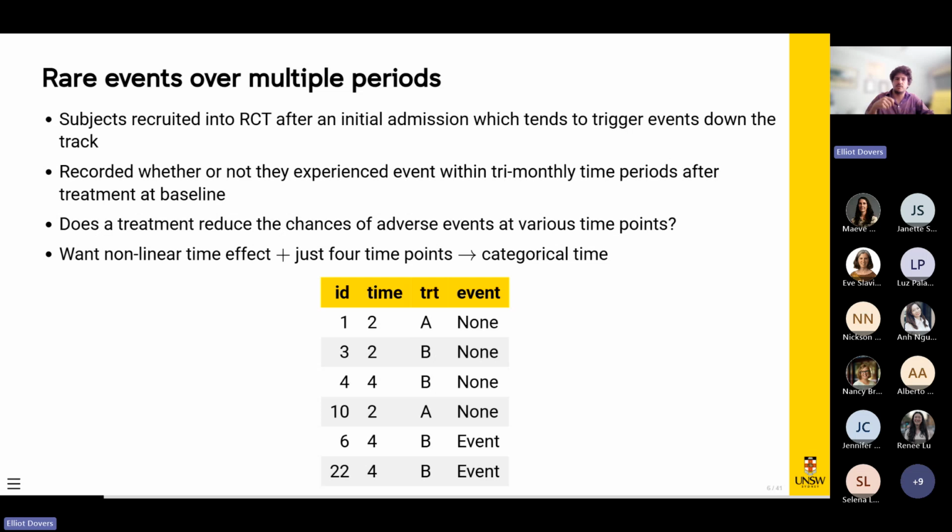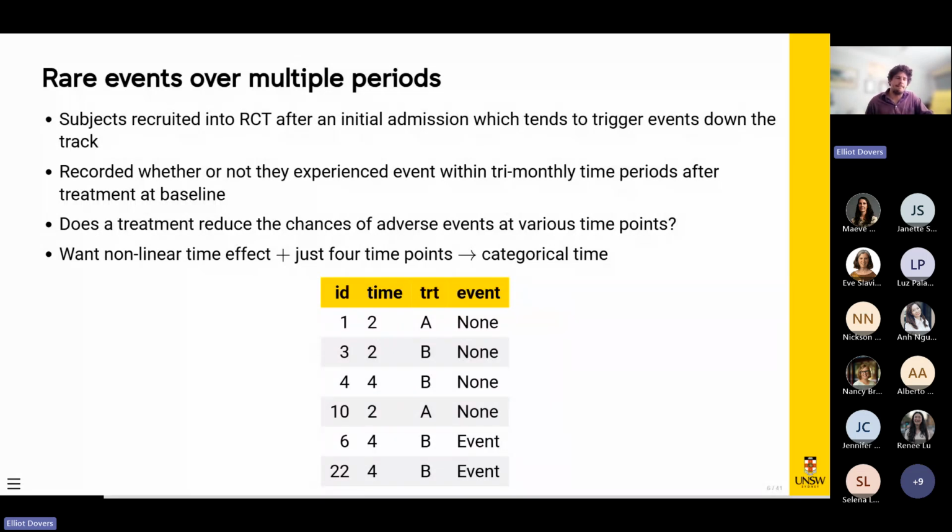The data was recorded as a binary thing of whether or not they experienced this event in tri-monthly periods. They were given a treatment after their baseline reading, or a placebo. And the research question here was, does this treatment reduce your chances of having these adverse events at the various time points beyond?